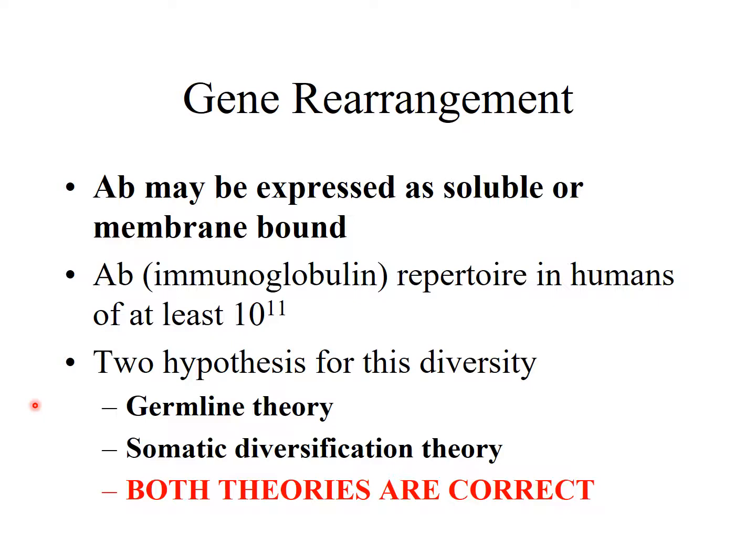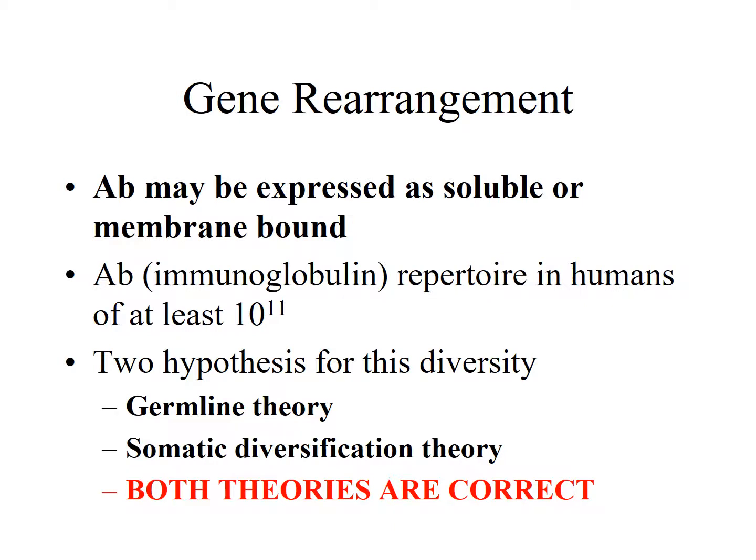Here's a new B cell line. Later, when that B cell gets activated again and becomes a plasma cell, there will be a final level of gene rearrangement as we increase affinity. And this is also where the somatic diversification comes in.